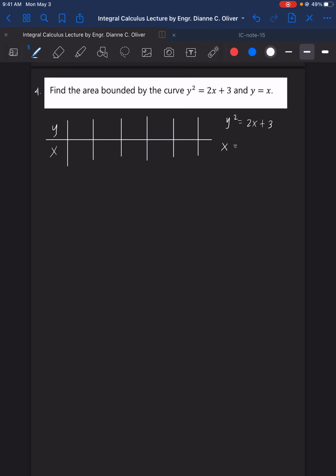So x is equal to y squared minus 3 over 2. If we have the value of y as 1, then x is equal to 1 minus 3 over 2. So y is equal to 1, therefore x is negative 1.